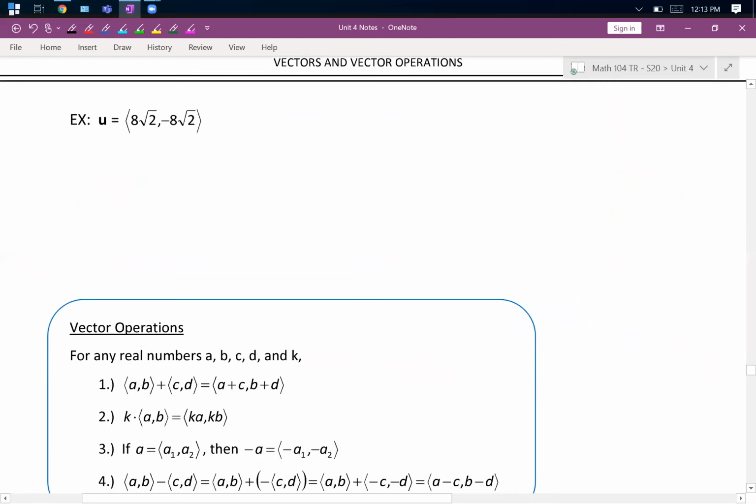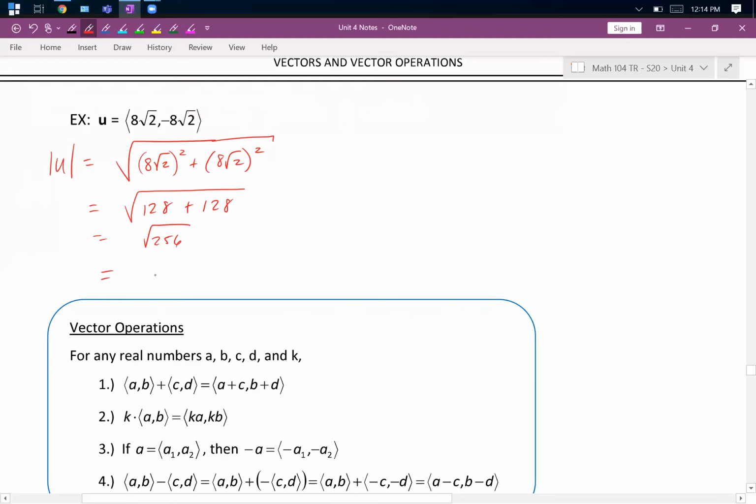All right, let's do the same thing with this vector u. We want to find the magnitude and the direction. The magnitude of vector u is going to be the square root of (8 square root of 2) squared plus (8 square root of 2) squared. It's going to be the square root of 128 plus 128, square root of 256, which is a perfect 16.